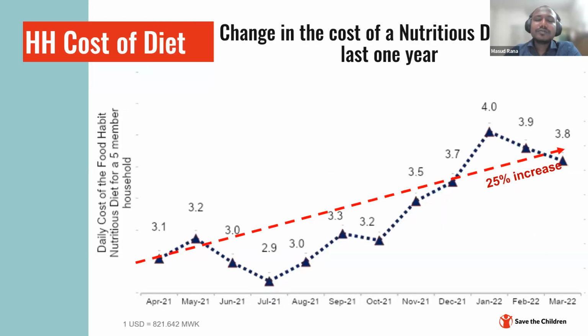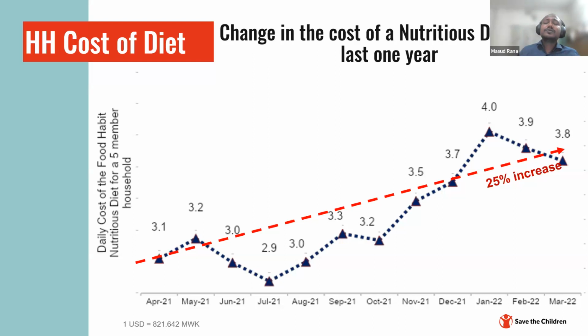So now that we got the quantity and the cost, we tried to see how much the nutritious diet was costing in each of these months. So we had the study running for a whole year, from April 2021 to March 2022. Of course, it is a retrospective look. We wanted to see how the whole thing has changed, and we see around a 25% increase in the cost of a nutritious diet.